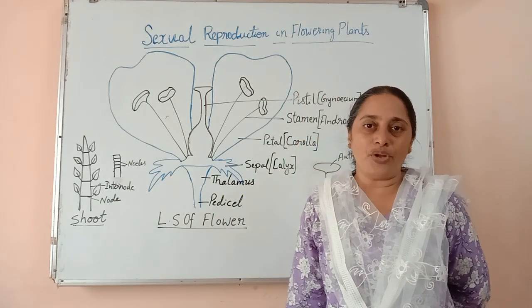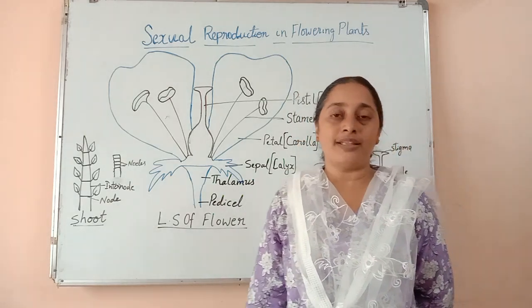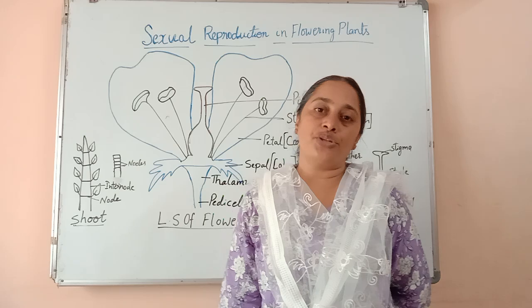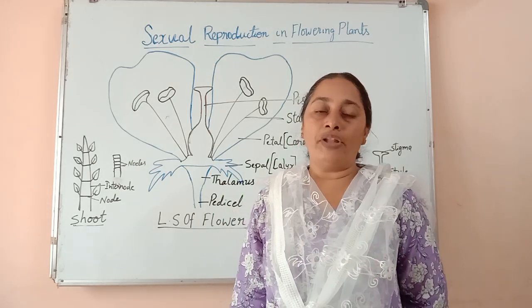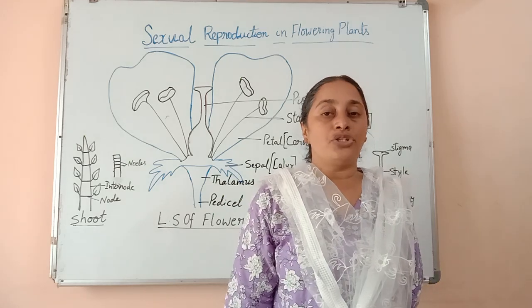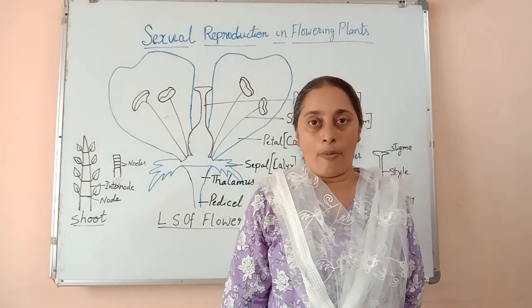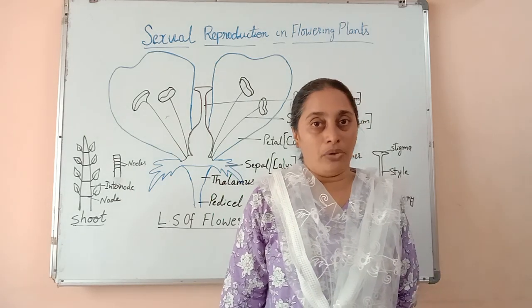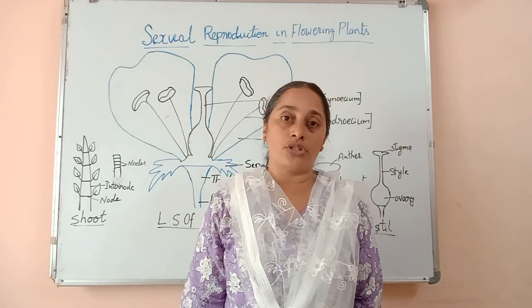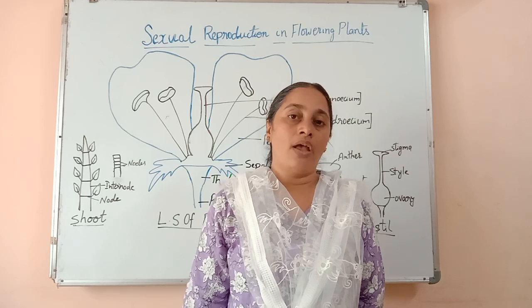So for asexual reproduction, we have different means like sporulation. Among spores, there are different types. And when you come to the higher plants, they show plant propagation, where different parts of the plants are going to be used as propagules to produce new plants.